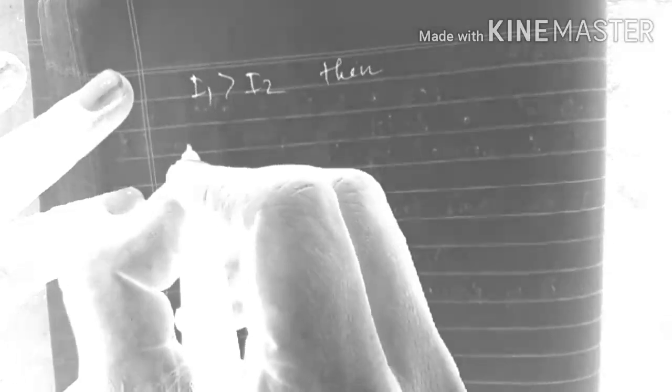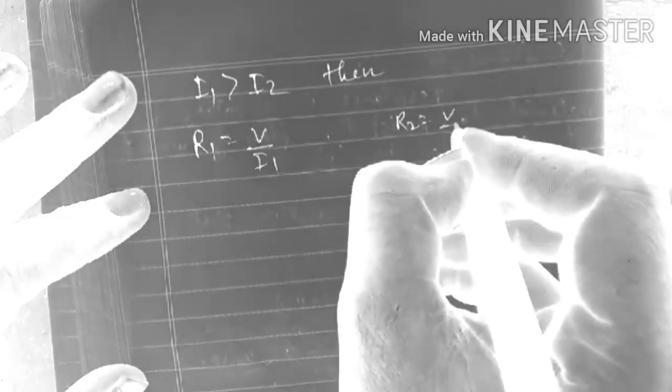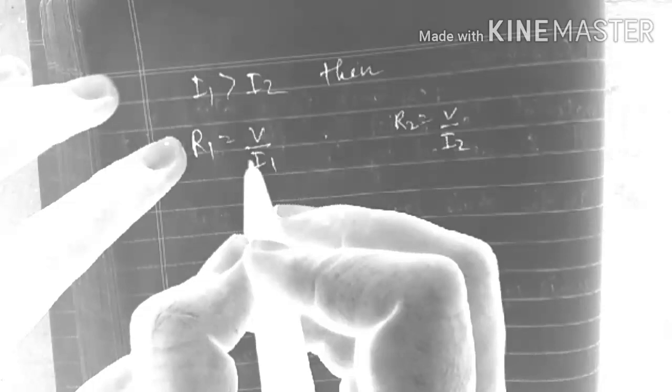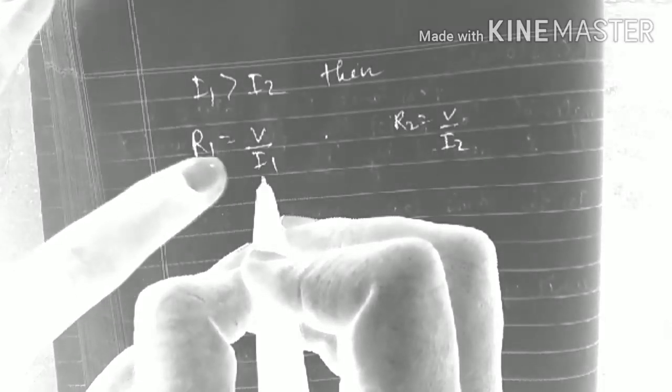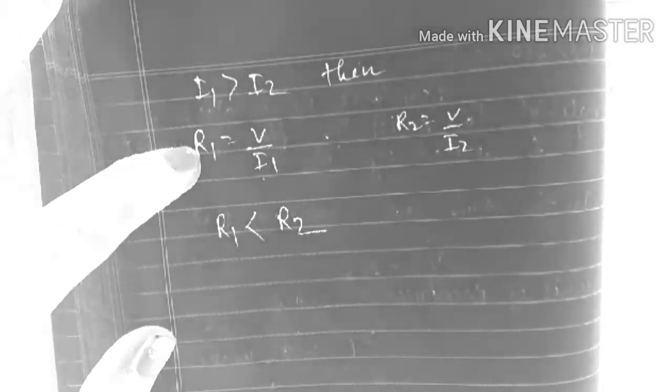If I1 is greater than I2, then R1 is equal to V by I1 and R2 is equal to V by I2. If I1 is greater, then R1 is less than R2.